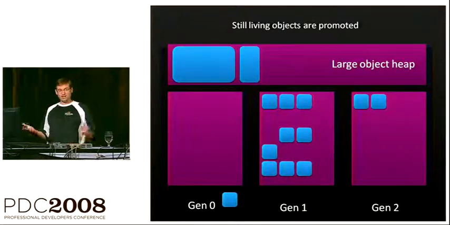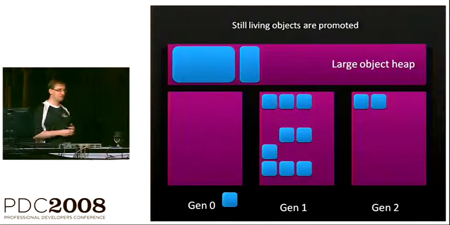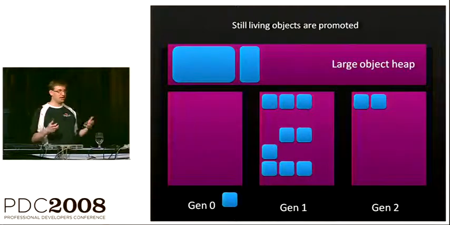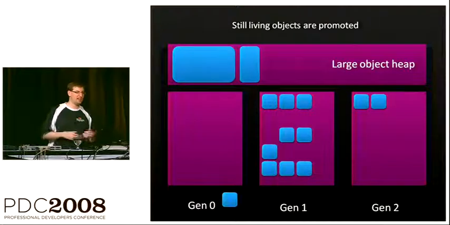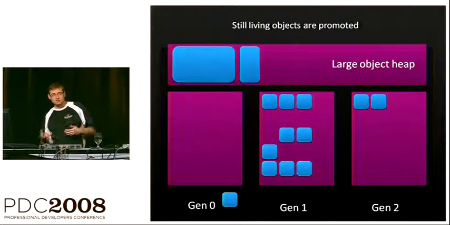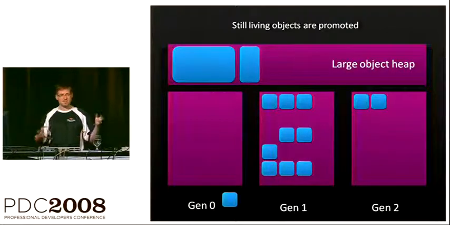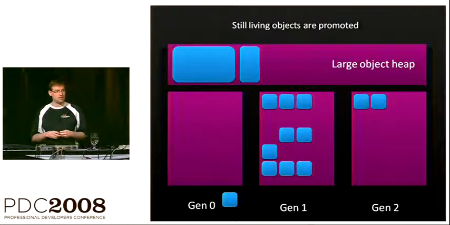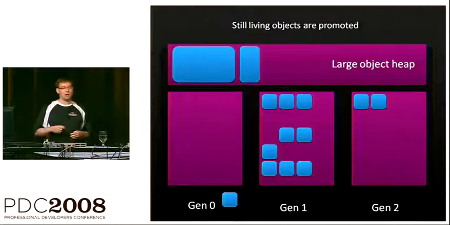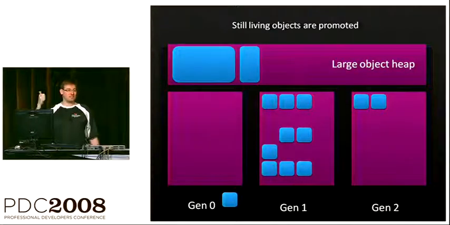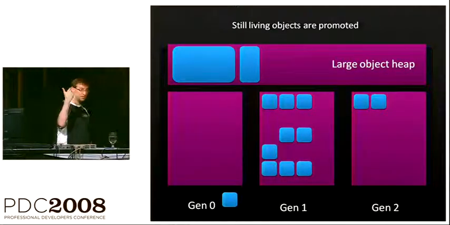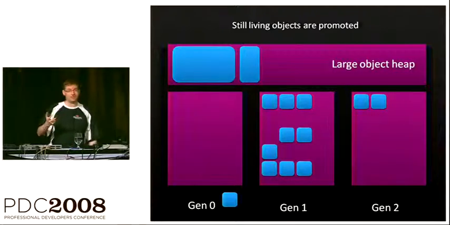Gen 0 is not that large. You can have a decent number of Gen 0 collections happening in your application, and it's not that costly. Whenever you clean Gen 1, you also have to clean Gen 0, so it's a little bit more costly to collect Gen 1 than Gen 0. When you have to clean Gen 2, which is very large, you frequently have to clean Gen 1 and Gen 0 as well.